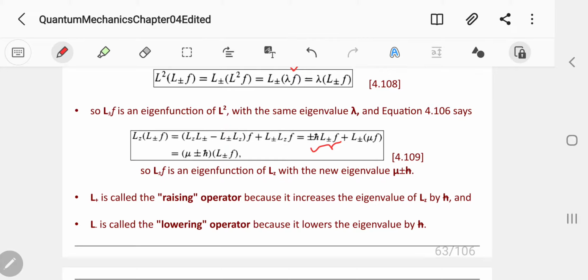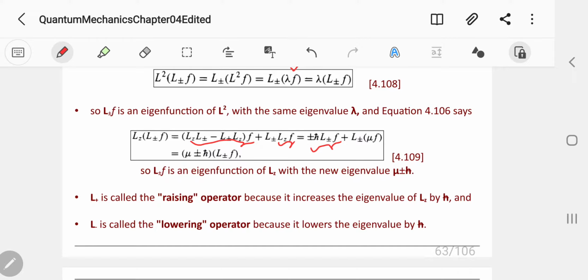So this one is mu f, and this one is L plus minus f. So you have now Lz L plus minus f is equal to mu plus minus h bar.